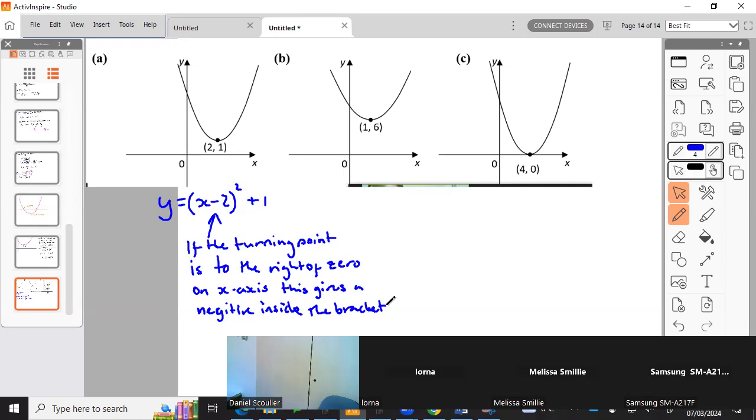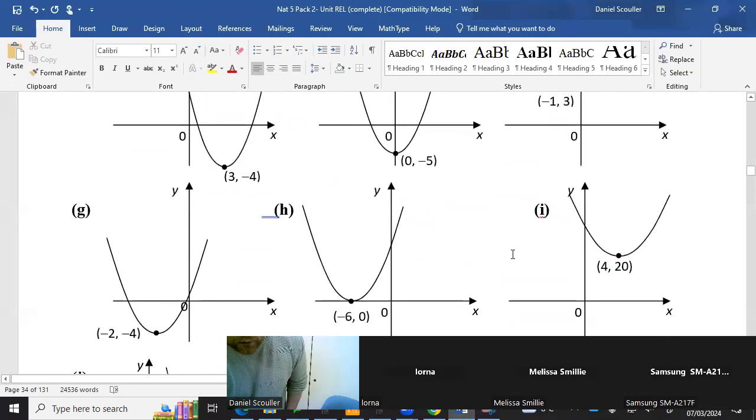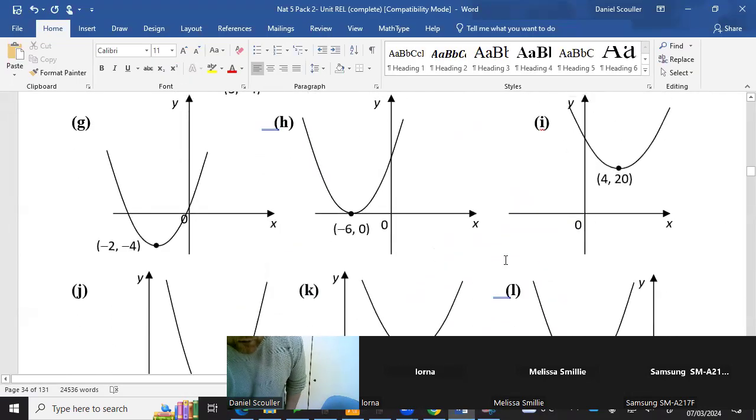All right, so that next one along, that turning point, and then the final one, all right. So let's get one that's to the left of that.